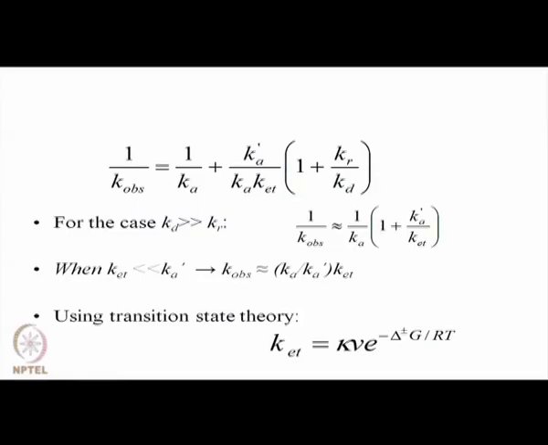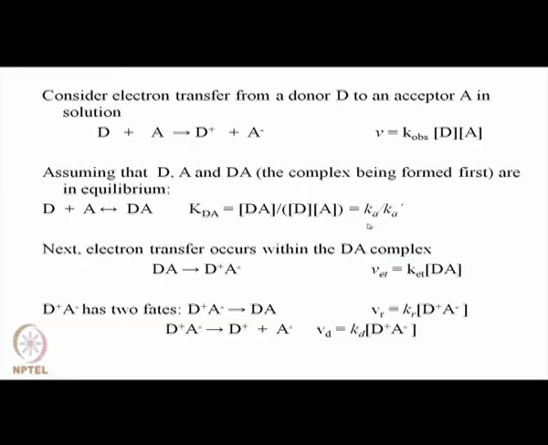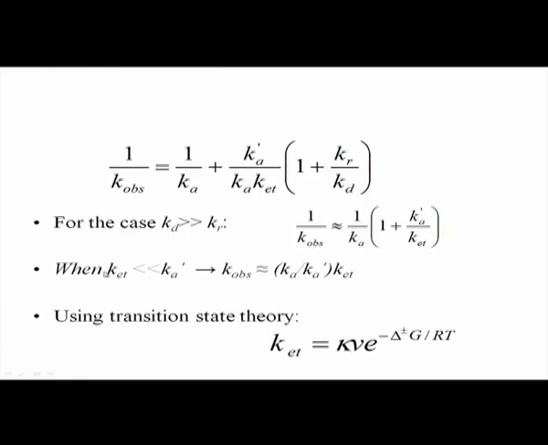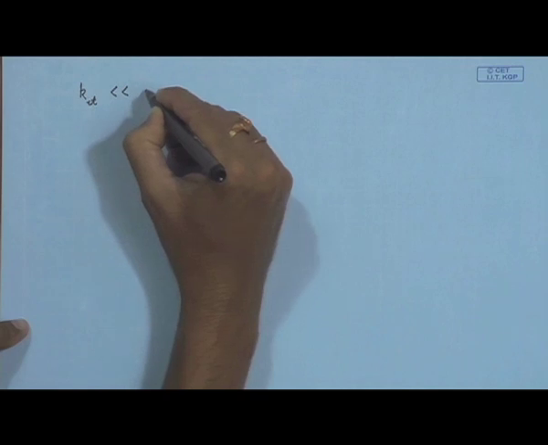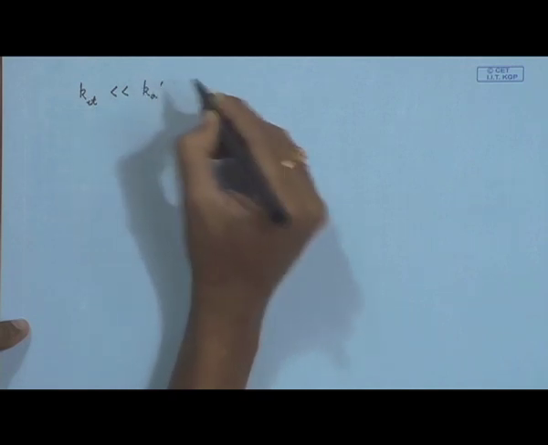Okay, when Ket is very much less than Ka prime, what is Ka prime? Ka prime is the dissociation rate constant of dA, where Ka is the association rate constant. So, your expression is when Ket is much less than Ka prime.